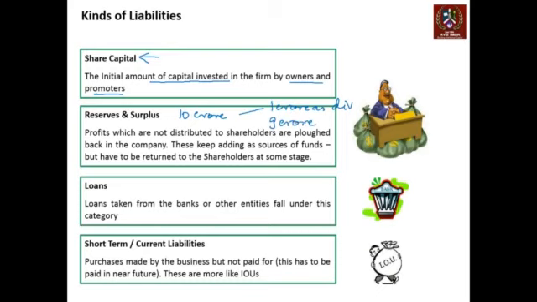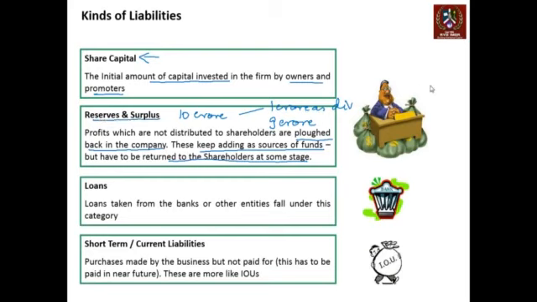That is the money of the shareholders, right? But it gets put back into the firm. It is reinvested in the firm. These will keep adding as sources of funds because it is the shareholder who has given this 9 crore again to the firm. They have to be returned to the shareholders at some stage. That's a part of reserves and surplus.